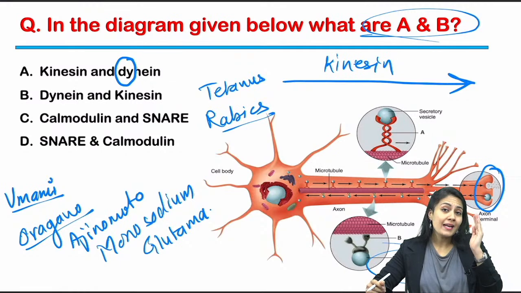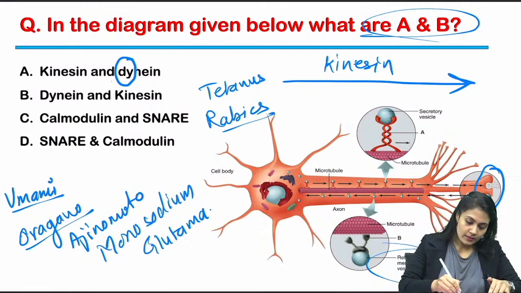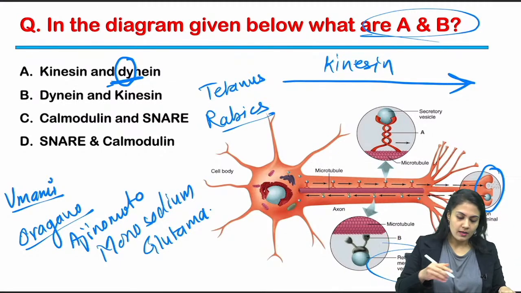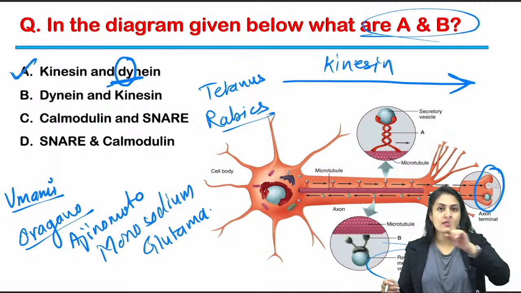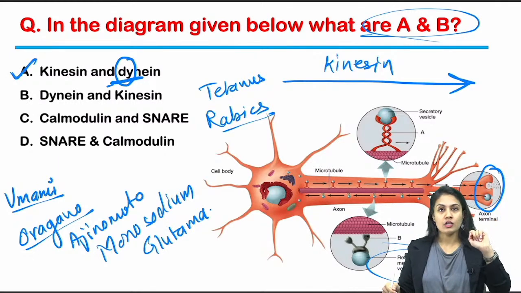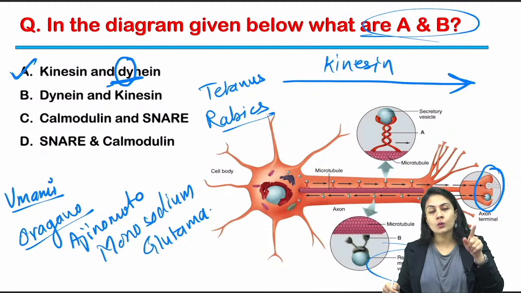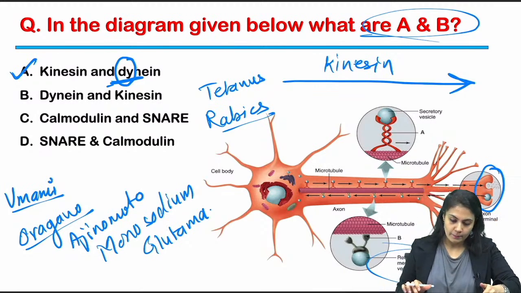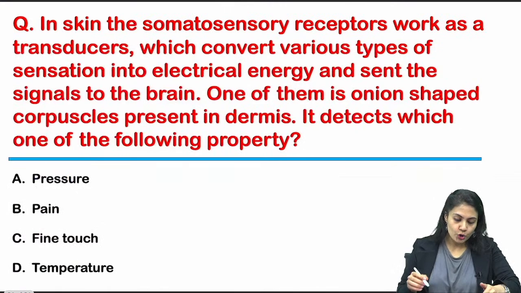That's the reason the person can die, right? Who is the reason? Dynein. So please remember kinesin and dynein. Dynein causes retrograde transport. Anterograde or orthograde is because of the kinesin. Let's move on to the next question.